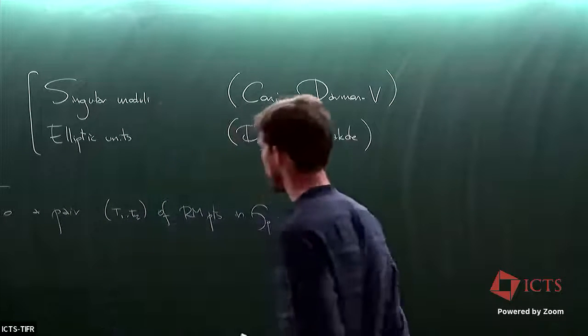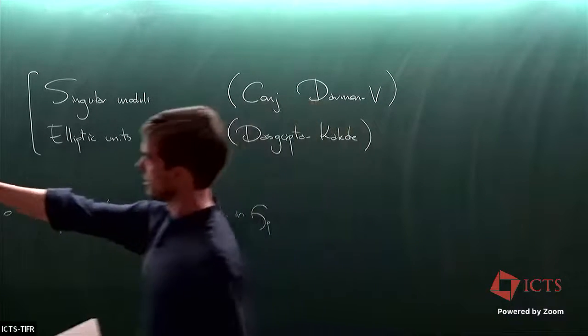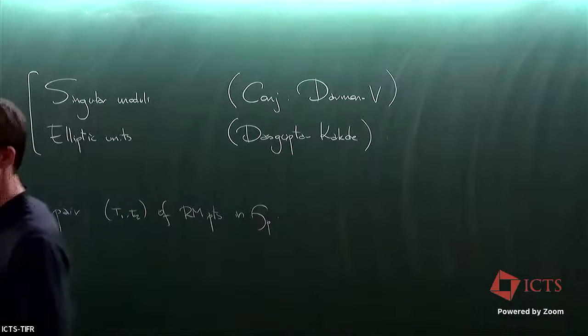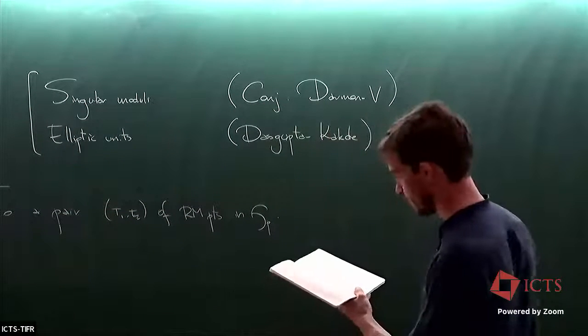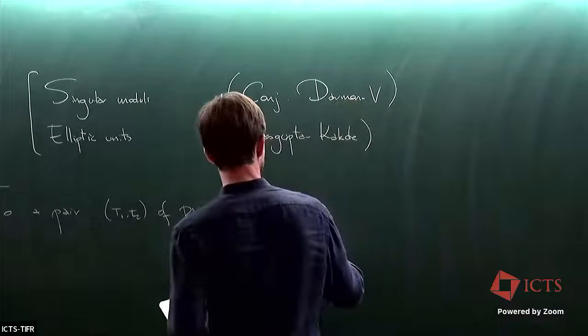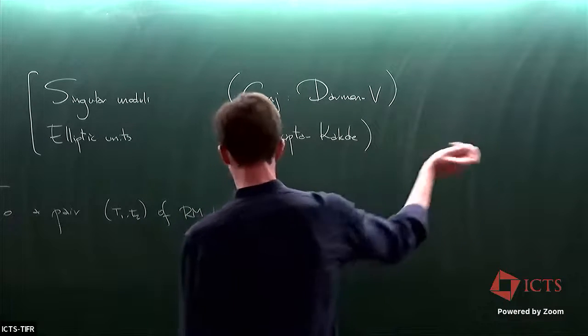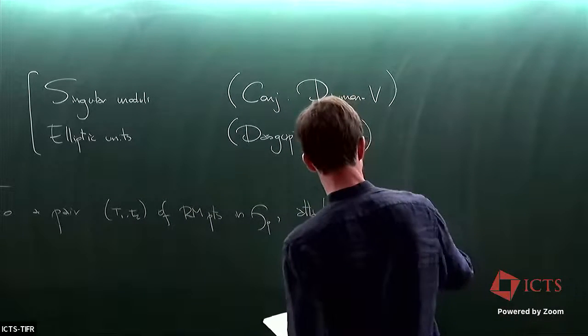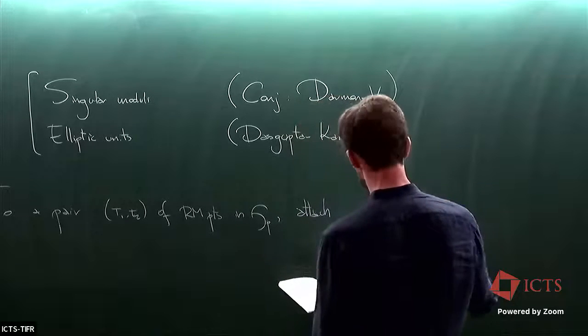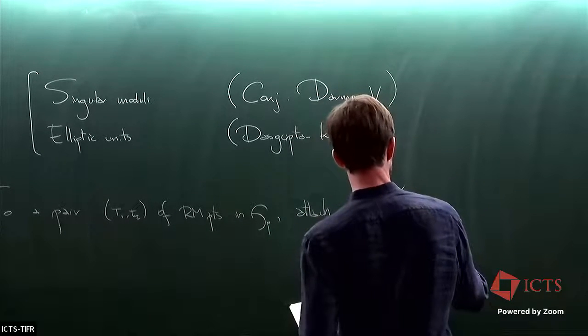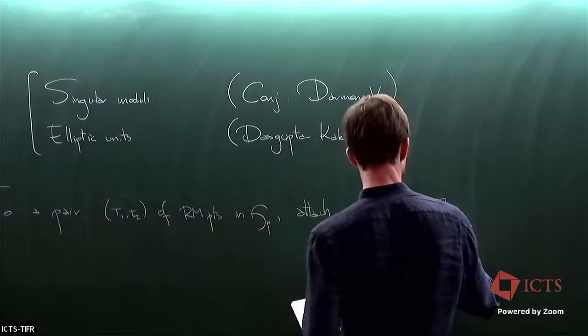And of course, if you have an RM point in H_p, this condition that p is non-split is forced upon you, not inside of Q_p. We attach an invariant which I'll call, for the purposes of this talk, theta_p(tau1, tau2).